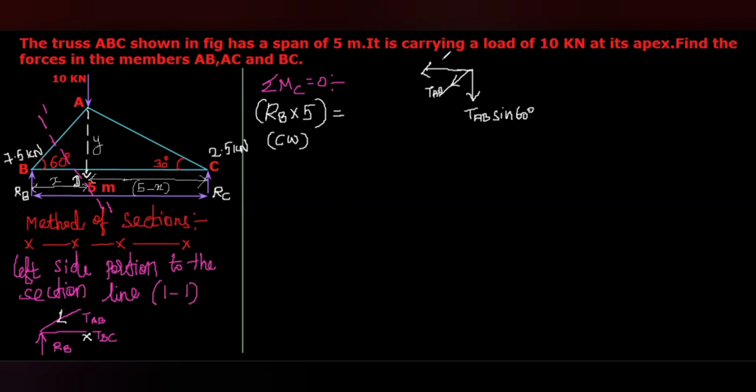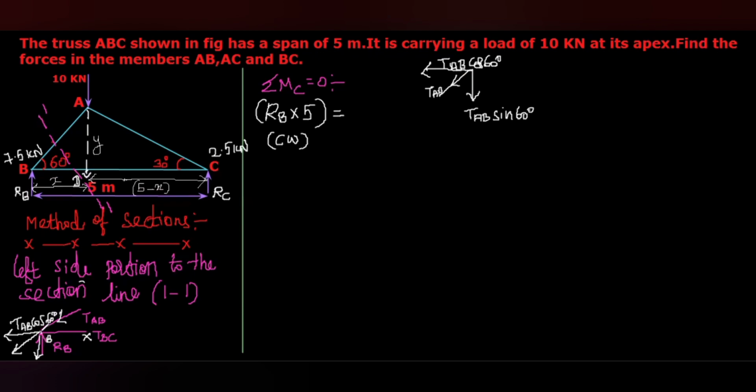TAB cos 60, the horizontal resolved component, will act towards the left side, and that also passes through the point B. The vertical one will act downward like this, TAB sine 60.